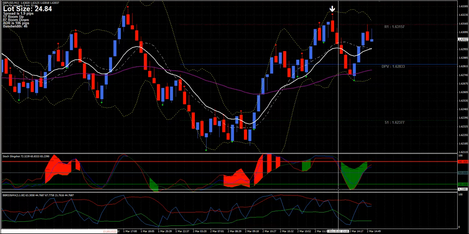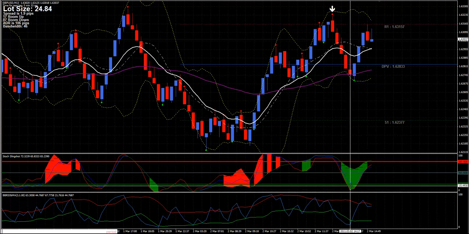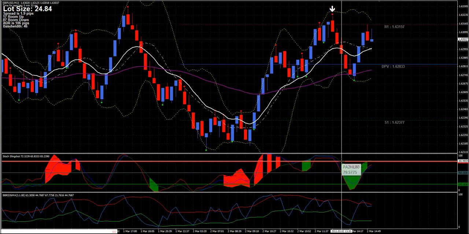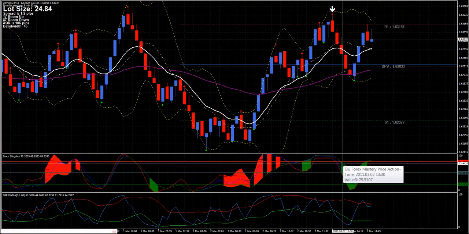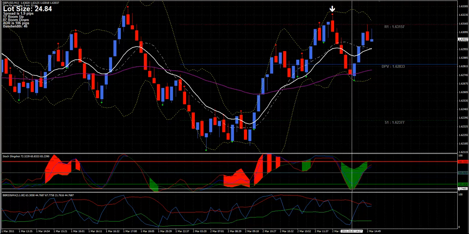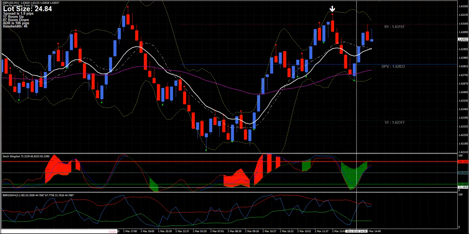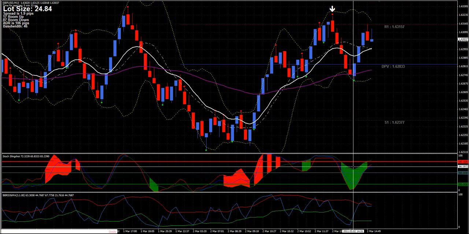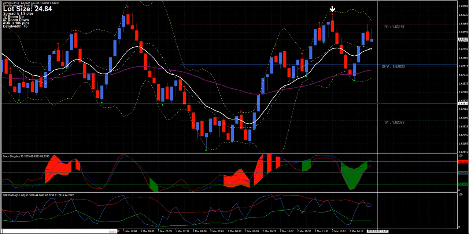The greater the deviation, the more they'll snap back. So this is our second condition, and you can see here it's highlighted in green. We have the longer Stokes on top and the shorter Stokes on bottom, and as the shorter Stokes move away, we get that deviation that we're looking for.